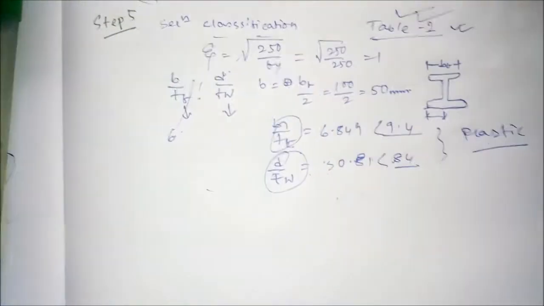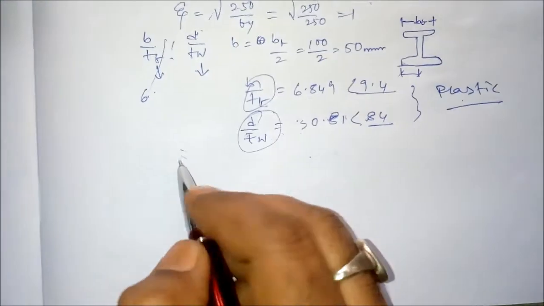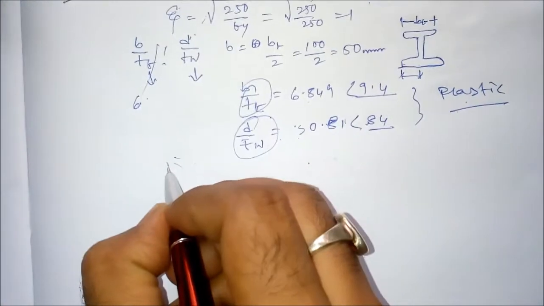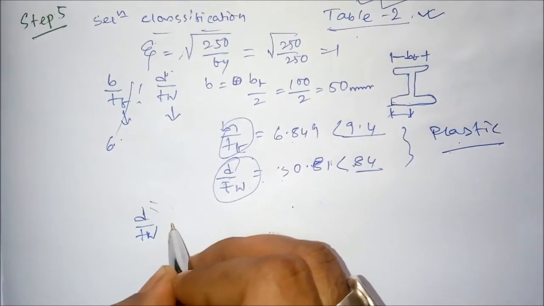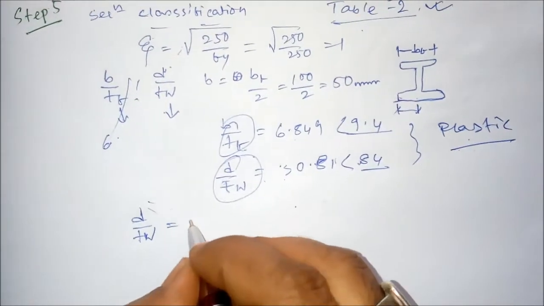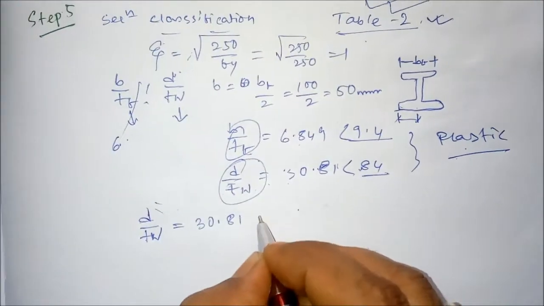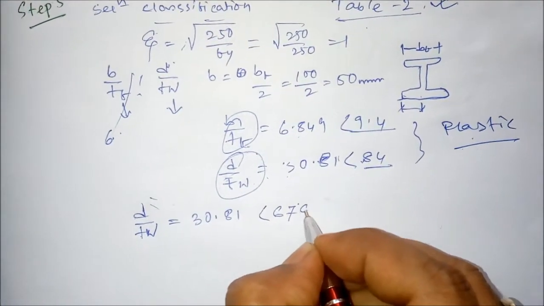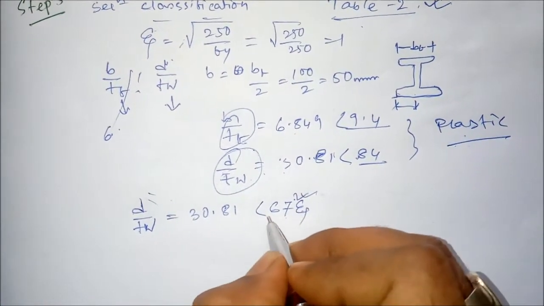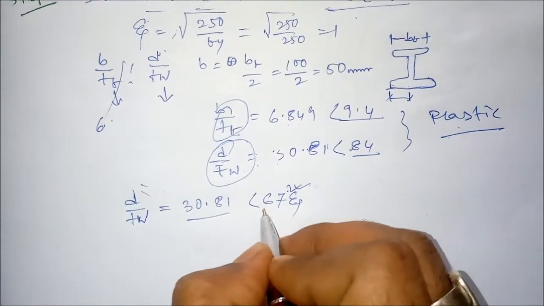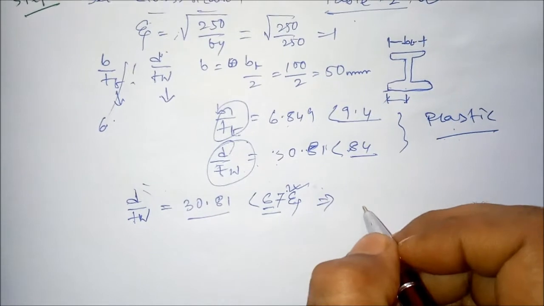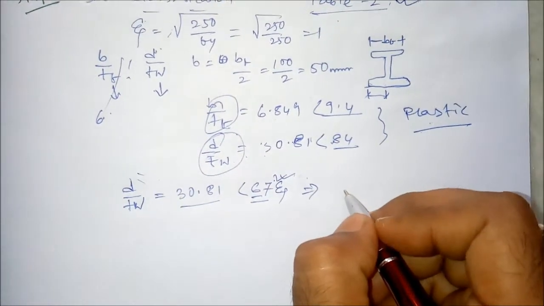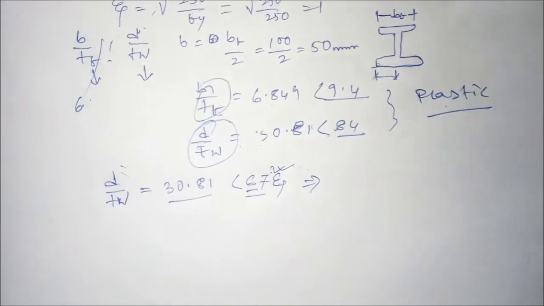So this is over. Now again we can see that this ratio, that is depth by thickness ratio of the web, is equal to 30.81, which is again lesser than 67 epsilon, because epsilon value is 1. If this condition occurs, then we don't have to check the buckling for the web.